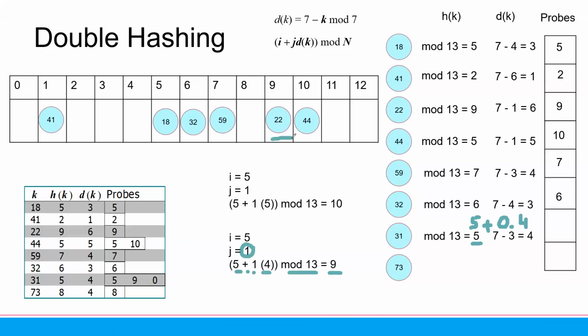But 9 has been filled with another value. So we will check with j equals 2. When j equals 2, then we have 5 plus 2 multiplied by 4 mod 13, and the result is 0.